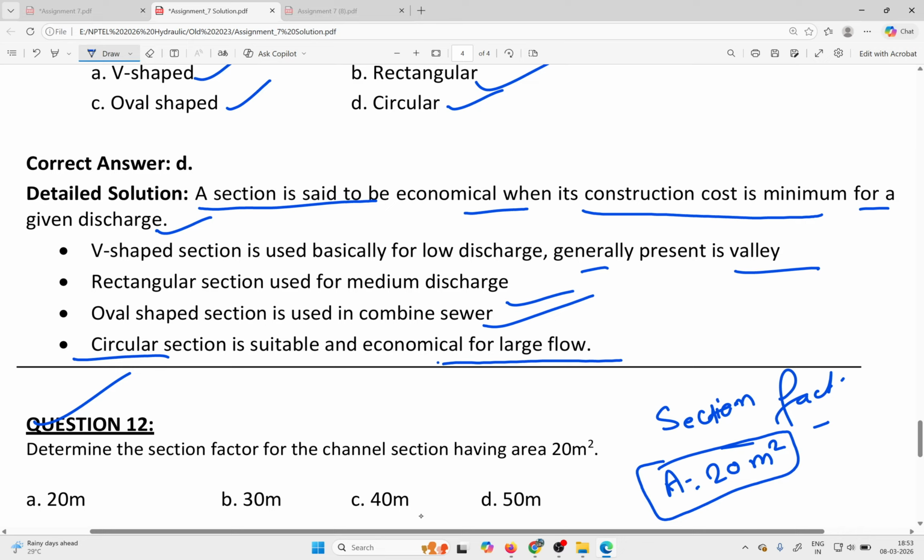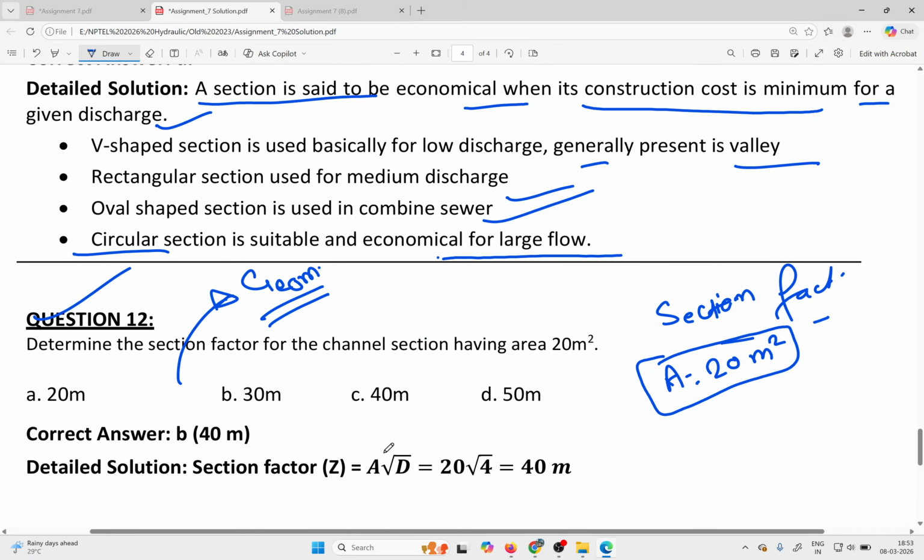So what is section factor? It is nothing but the parameter which only depends on the geometry of the channel. Only geometry. So this is your section factor, Z is equal to A root T. How does it come? From the Froude number.